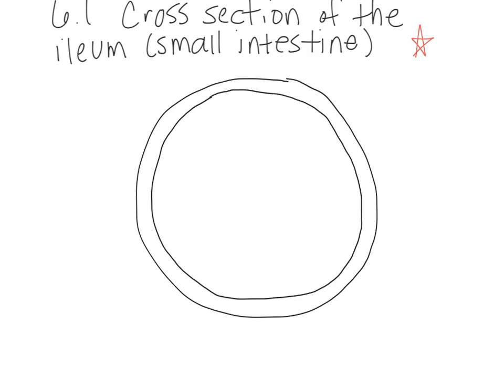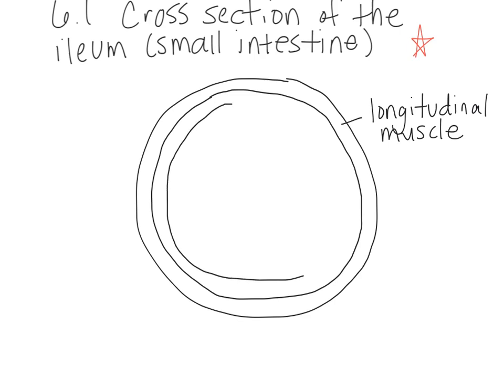The very outer layer is made up of longitudinal muscle. The longitudinal muscle is going to run the length of the small intestine. It's responsible for moving food through the small intestine through that muscle action called peristalsis.